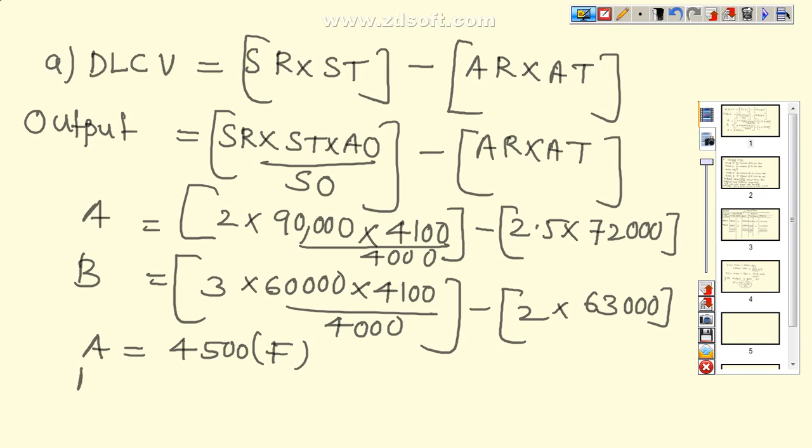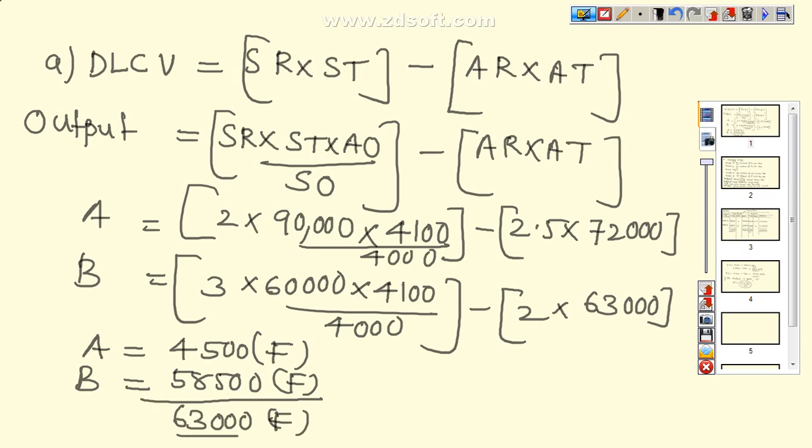And again for grade B worker, that is equal to 58,500, which is again a positive answer, so there we write favorable. The final answer is 63,000 favorable. So 63,000 favorable is the final answer of direct labor cost variance.